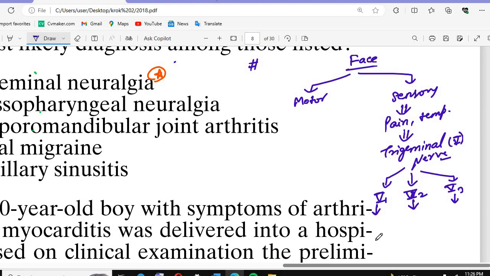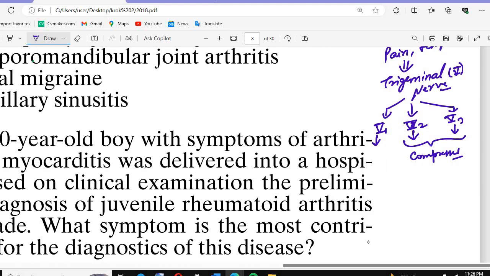If V2 and V3 are compressed, for example by any tumor or any mass, there will be pain while chewing or while we brush.